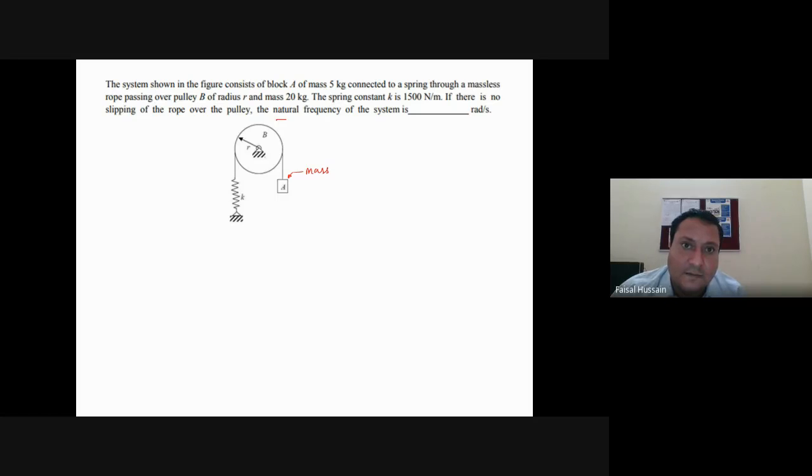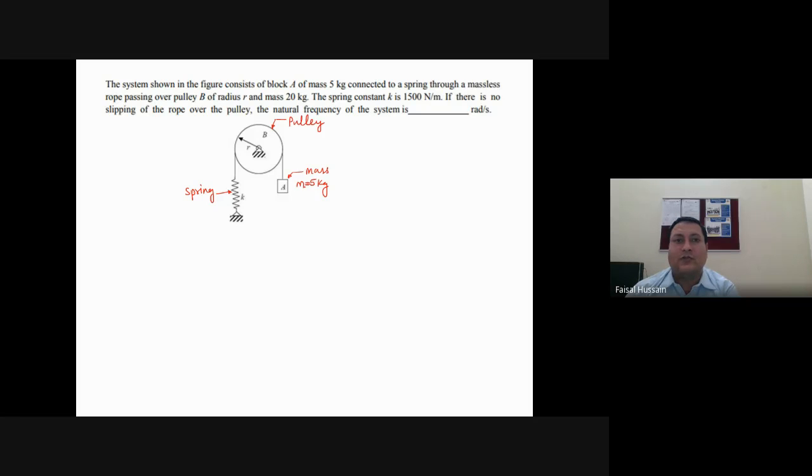Okay, this is your pulley, and this is your spring. Now for example, the system shown in the figure consists of a block of mass 5 kg. So mass is how much? 5 kg. So let small m be the mass of the block. It is 5 kg.